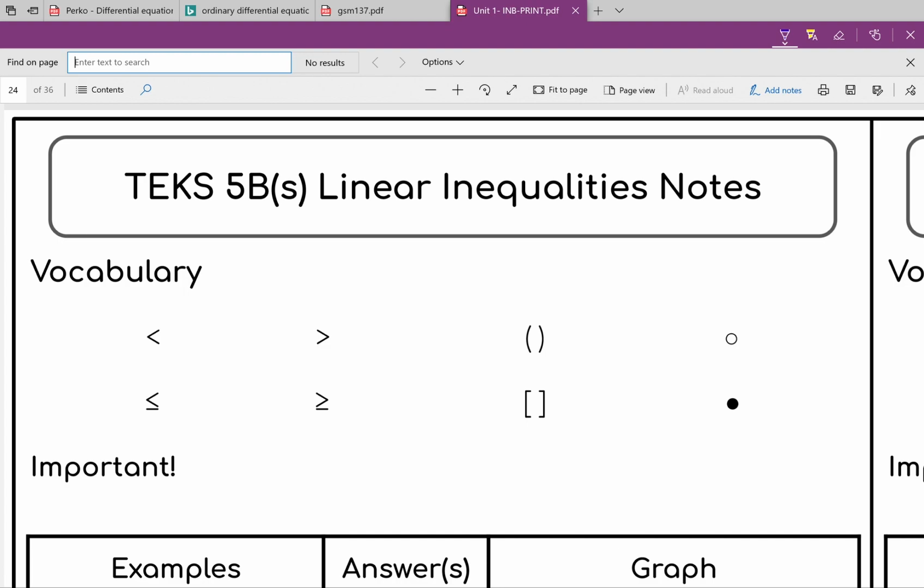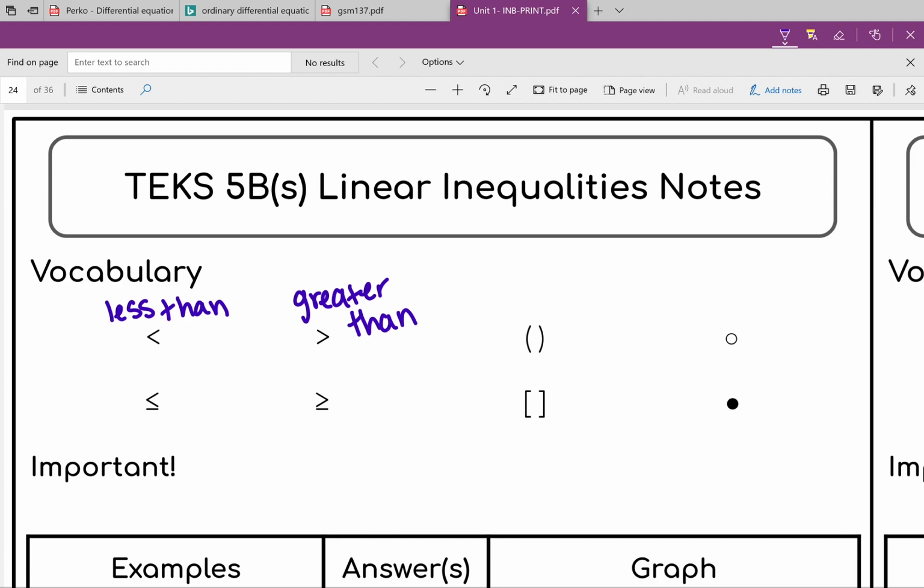So this first symbol here is the less than symbol. The symbol next to it is the greater than symbol. These are parentheses.